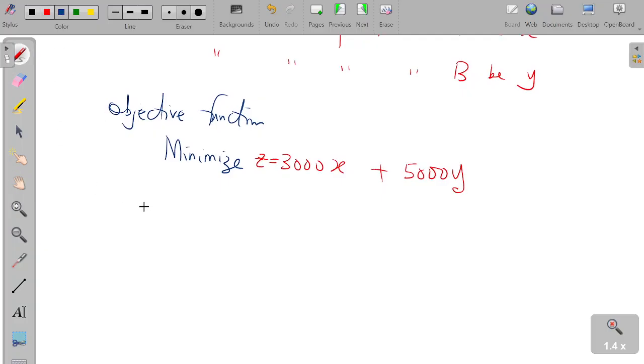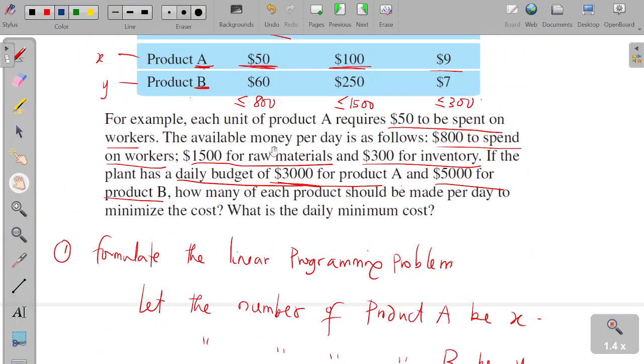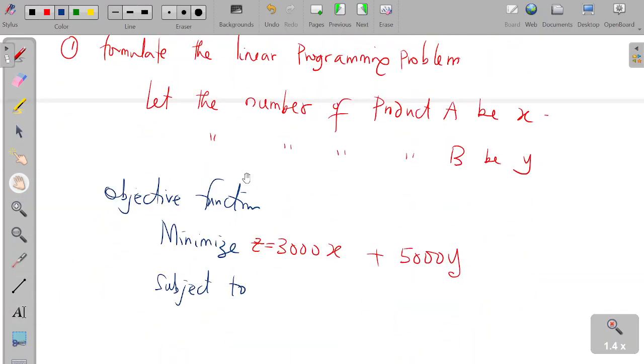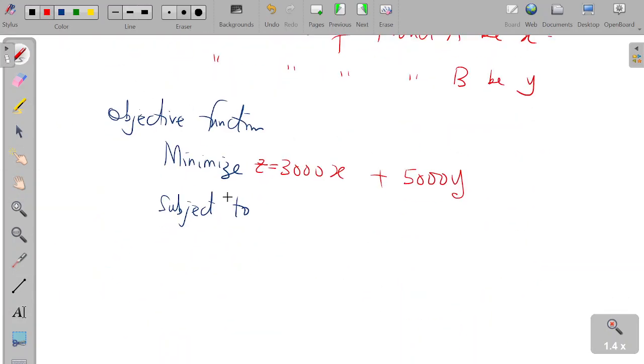Okay, so let's now go to our constraints. Subject to: the first one is the workers, the cost on the workers. That is 50x plus 60y less than or equal to 800.